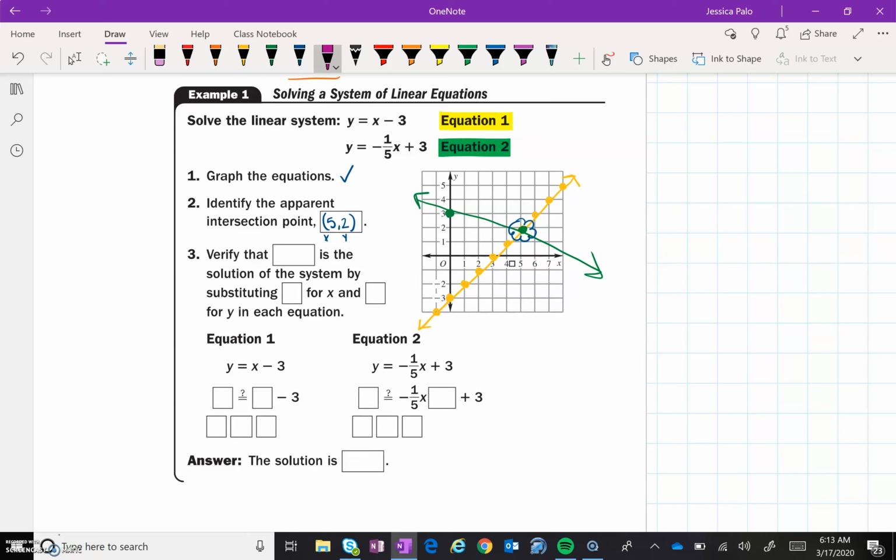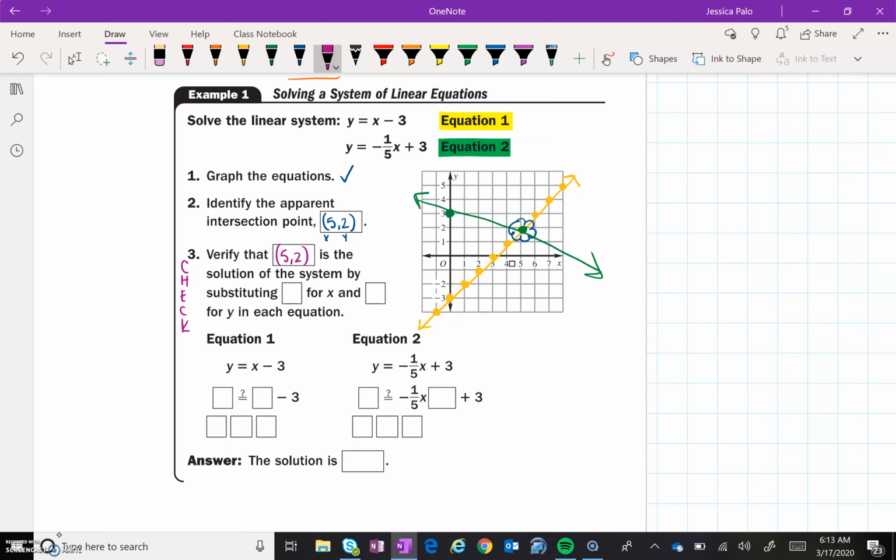We need to verify that the coordinate 5, 2 is actually the solution of the system. So step 3 is your check step. Check, step 3. It is very important.